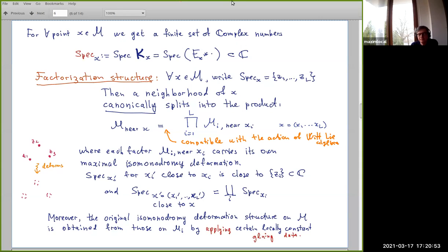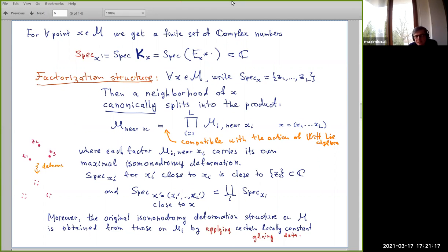Because when I identify the manifold with a product, I can write the point X as a collection of points Xi on my factors Mi. And moreover, there will be an action of the Witt algebra on each Mi, and this decomposition into a product is compatible with the action of the Witt algebra.